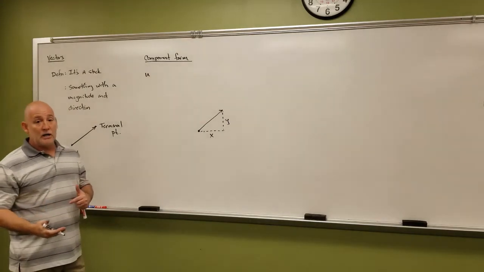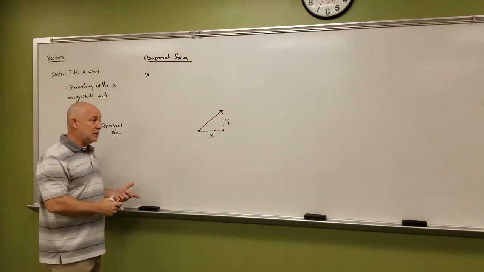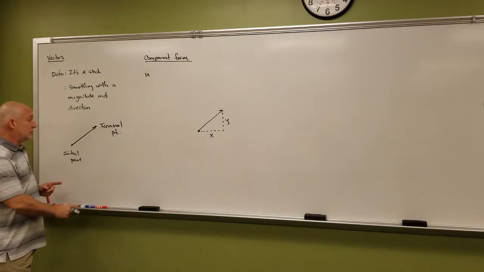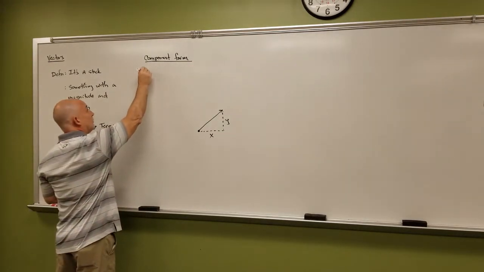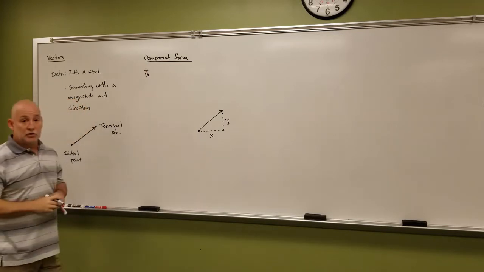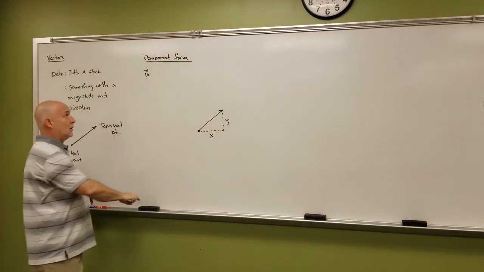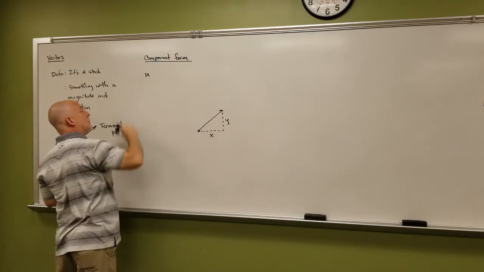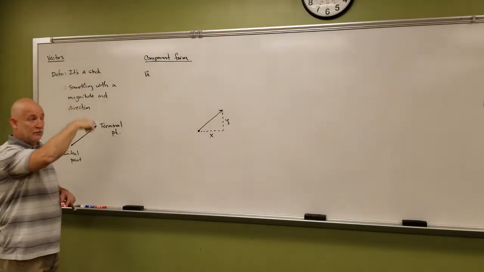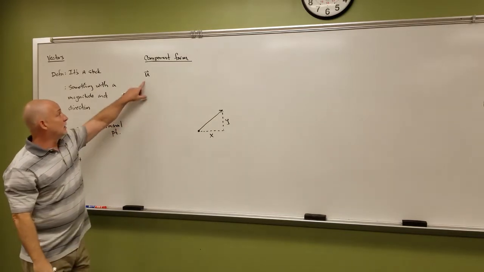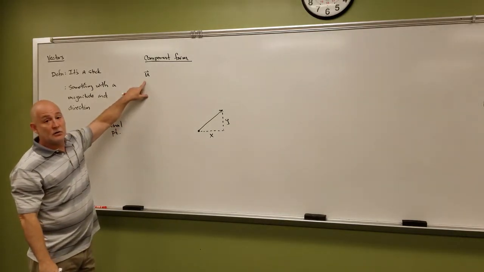Since we can't write in bold, we need another notation. Now, the actual notation of this is something that looks like a vector. So technically, you're supposed to draw a little tiny arrow above it to show that it's a vector. However, mathematicians are pretty lazy people, so instead of drawing the entire arrow, we just draw half of it, because you can do that in just one swipe. So that's how we're going to denote a vector. Here's the vector u.